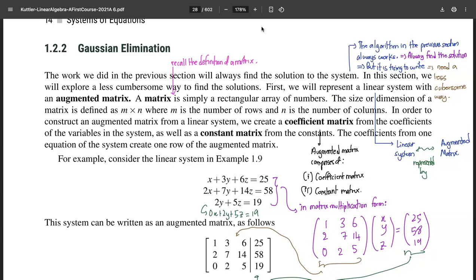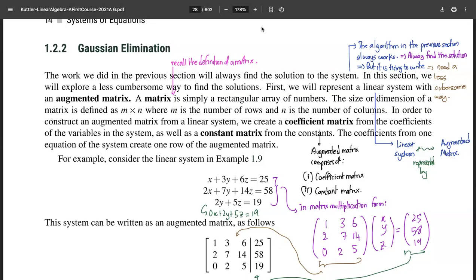Essentially at the start of chapter 1 we looked at the geometric interpretation, like we visualized what it means to solve a system of linear equations, and when we looked at the 2 and 3 dimensional cases, we explored how lines intersect and how planes intersect. And then we also introduced elementary row operations, which help us algebraically.